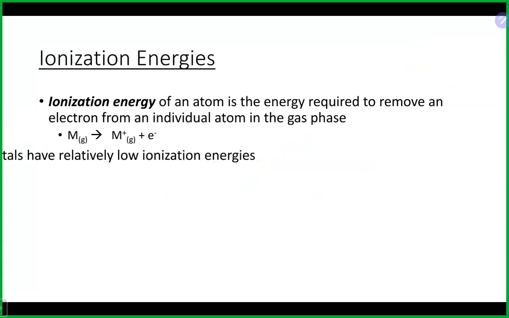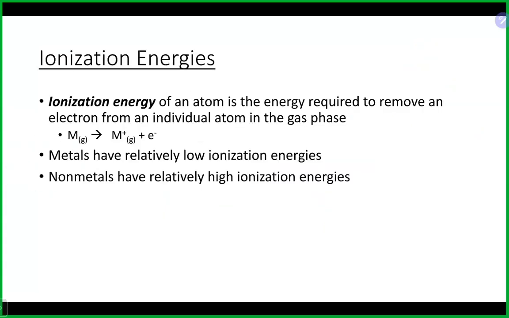Another really important property is ionization energy. And ionization energy is the energy required to remove an electron in the gas phase. Electrons, by the way, do come off one at a time. So they don't all come off at once.